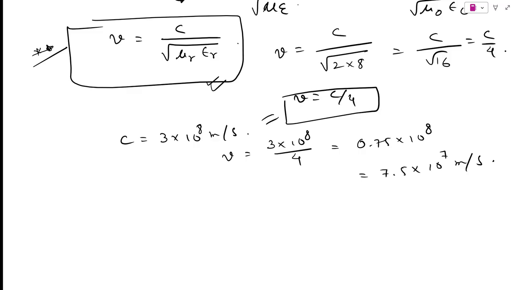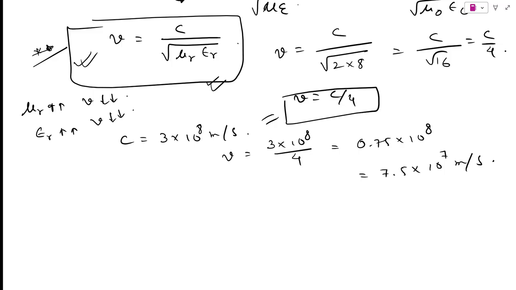Now, notice this formula carefully. V equals c by root of mu r epsilon r. This tells us if mu r increases, velocity decreases, and if epsilon r increases, velocity also decreases.